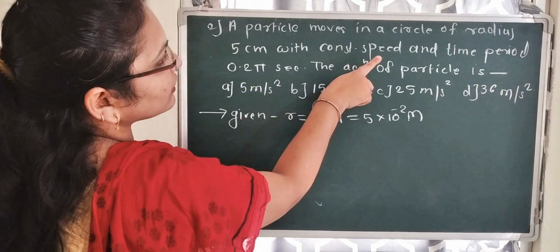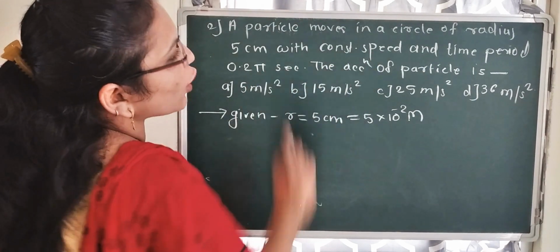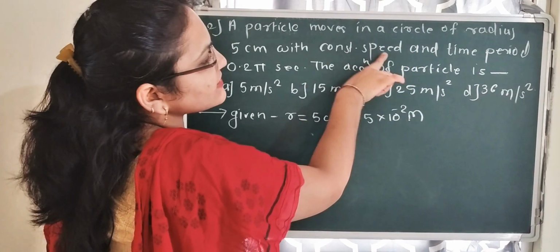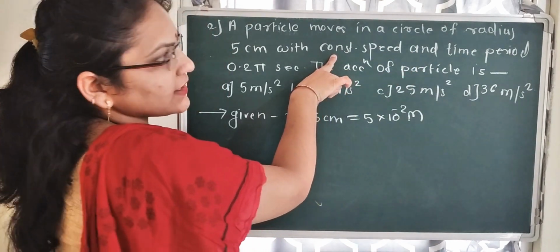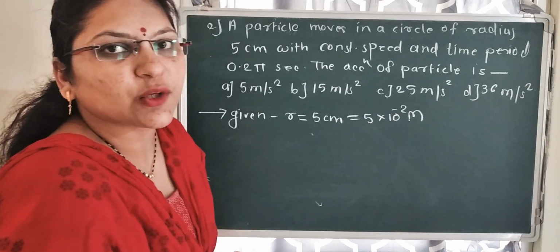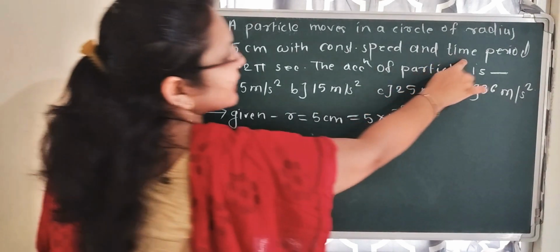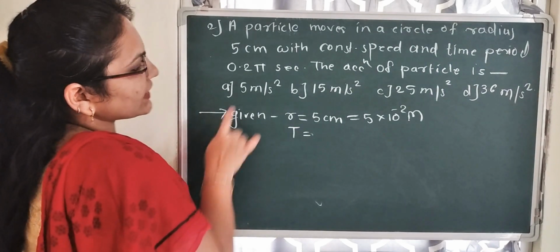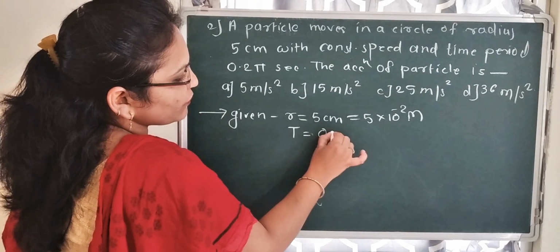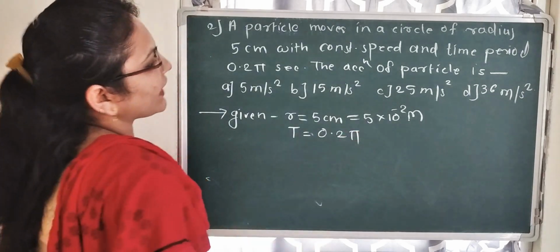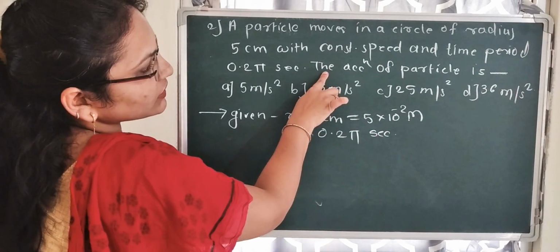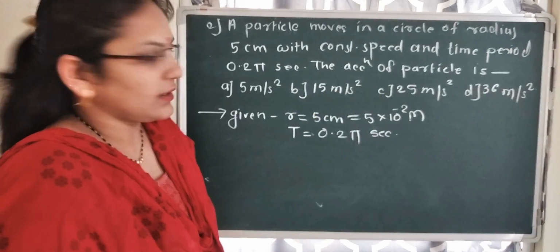Then it is moving in a circle with constant speed, that is, it is in UCM, uniform circular motion. And time period of UCM is given, which is capital T, equal to 0.2 pi second. Then we have been asked the acceleration of the particle.